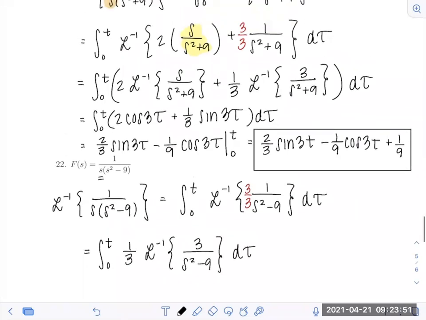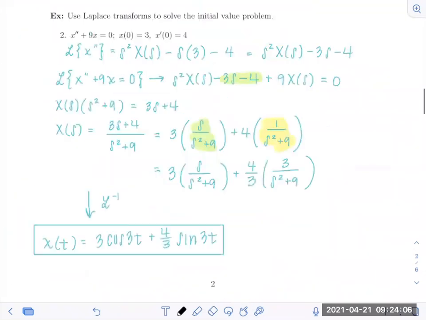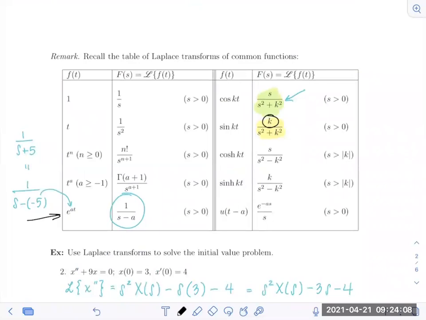So this slightly differs from the example up above because we have s squared minus k squared as opposed to s squared plus k squared. So let's go ahead and scroll back up to our table of common Laplace transforms. And so instead of the sine function, we're looking at hyperbolic sine or sinh. And here again, our k value is going to be 3.